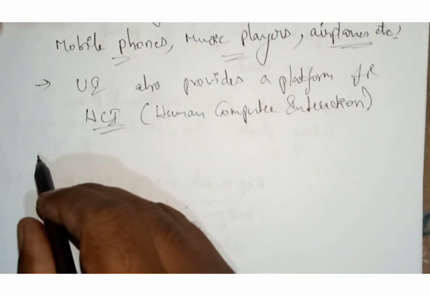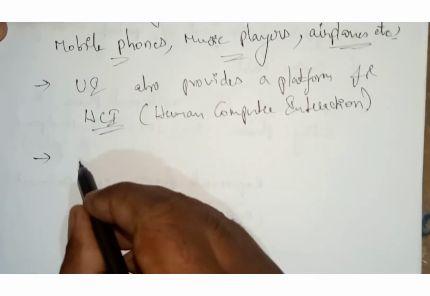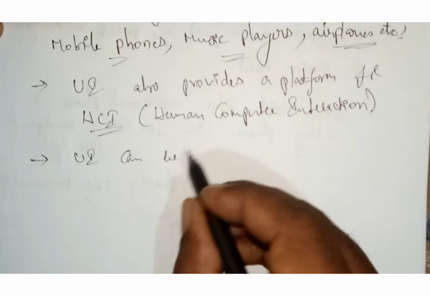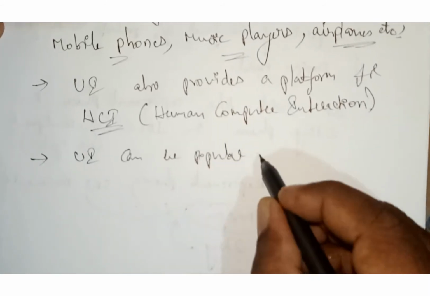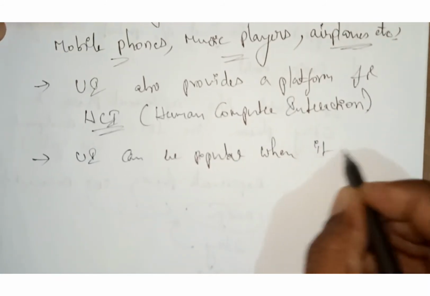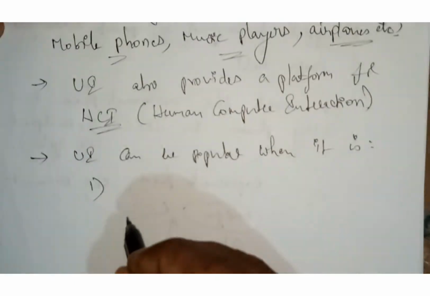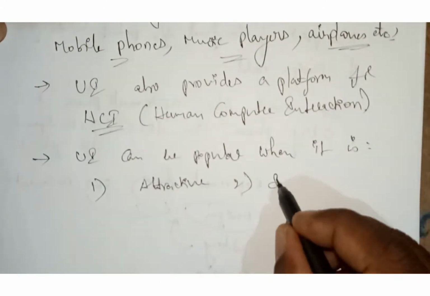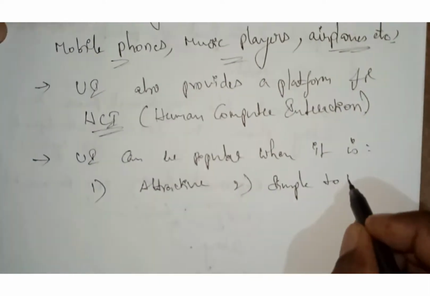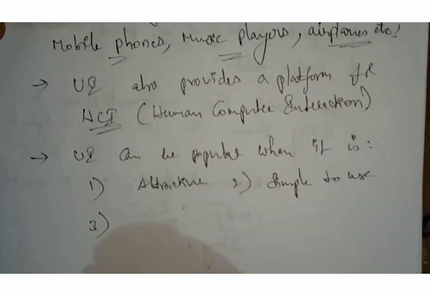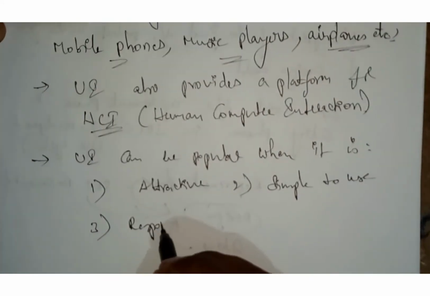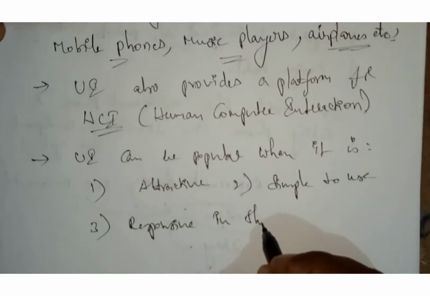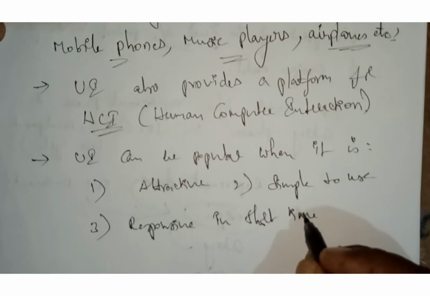When will UI become popular? UI is nothing but user interface. It can become popular when, first, it is attractive. It should be simple to use. Next, it should respond in short time.